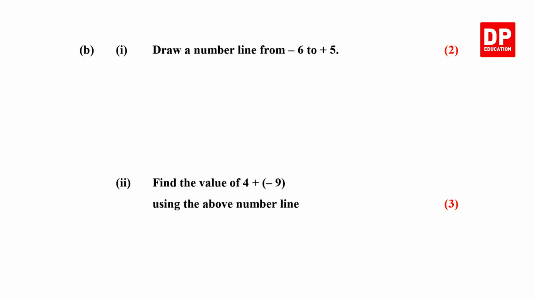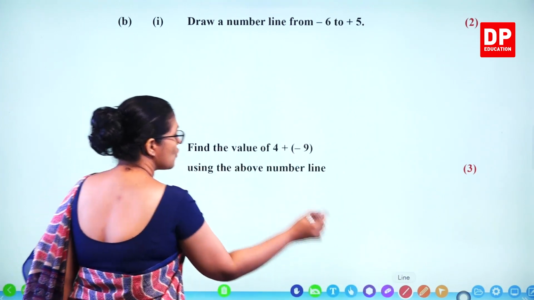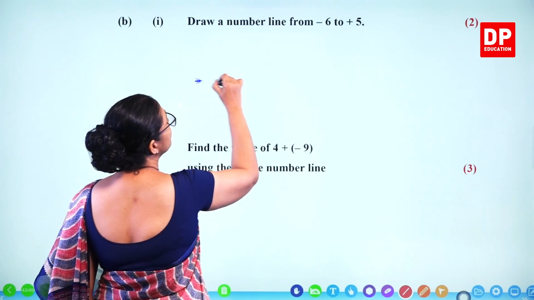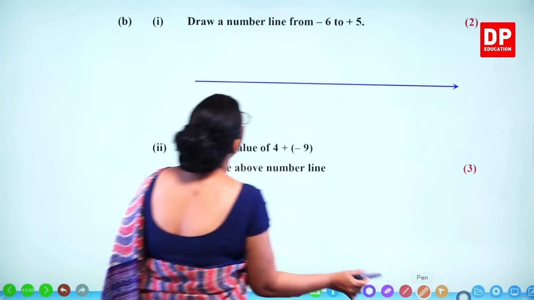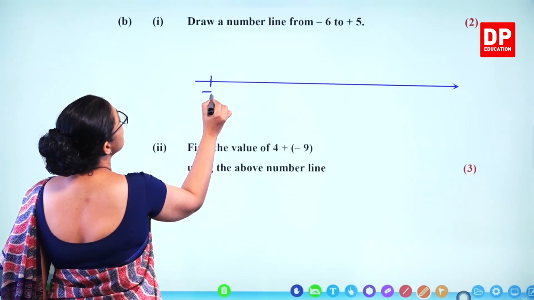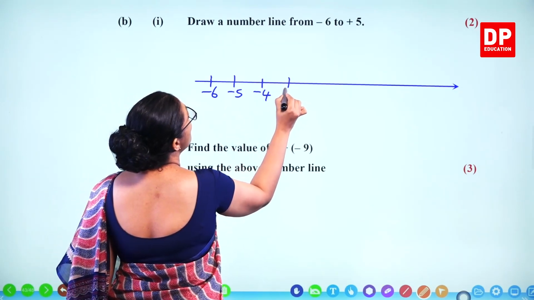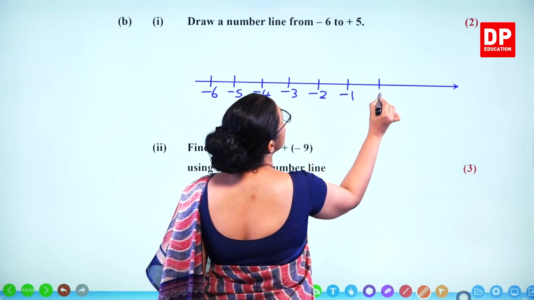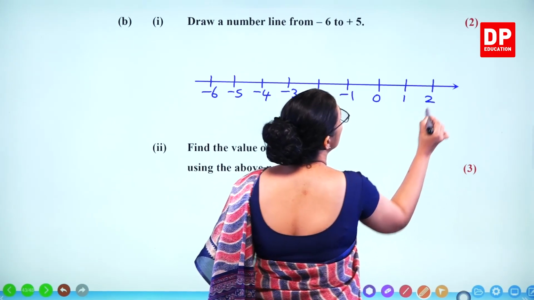Part B, draw a number line from -6 to +5. So we'll draw a number line with an arrow. -6, -5, -4, -3, -2, -1, 0, 1, 2.